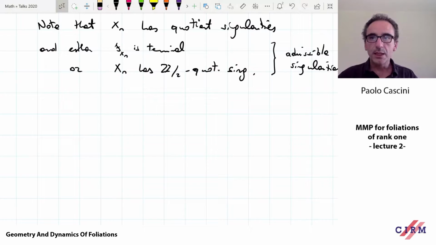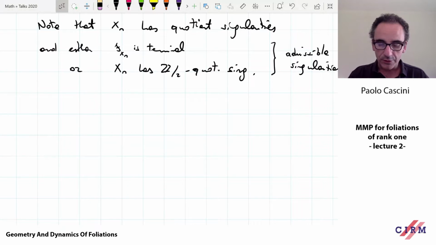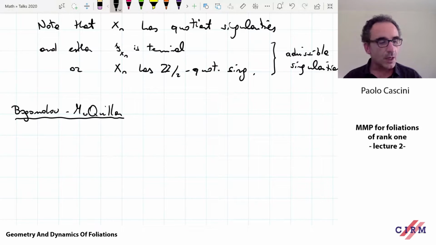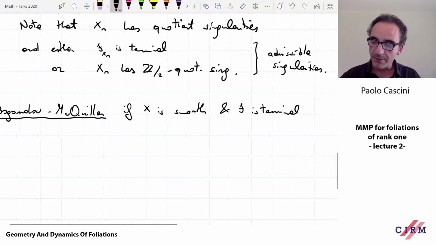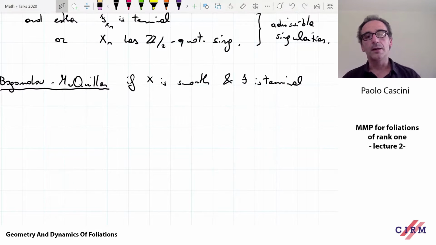Okay, just to see more examples of results for foliation rank 1, by a theorem of Bogomolov and McQuillan, which we will use later, although I was stating a slightly different version. We know that if X is smooth and F is terminal, terminal is the singularity that appeared in my first talk when I talked about classical MMP.